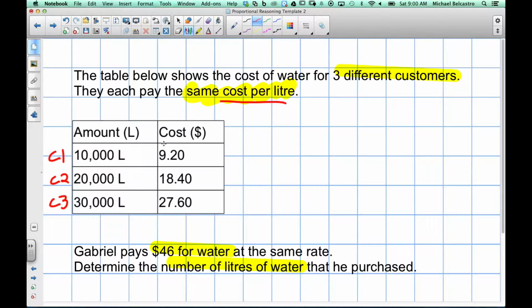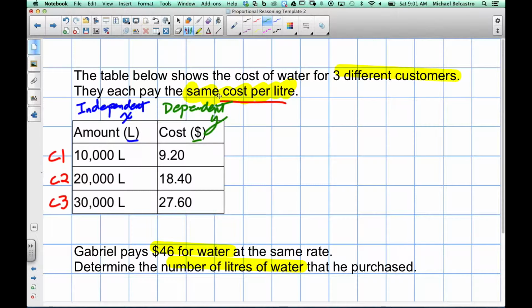Okay, and that makes sense because what's happening here is, depending on the amount of liters we purchase, our costs will change, which means that this is our independent variable and this is our dependent variable. Which means if we're going to be doing graphing, this will be our x-axis and this will be our y-axis.